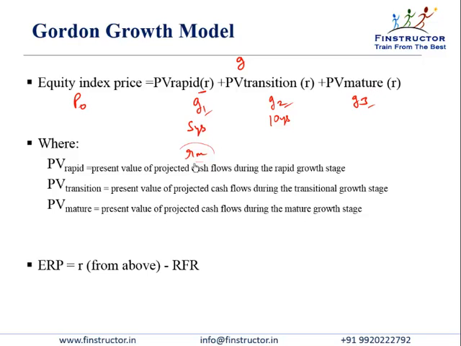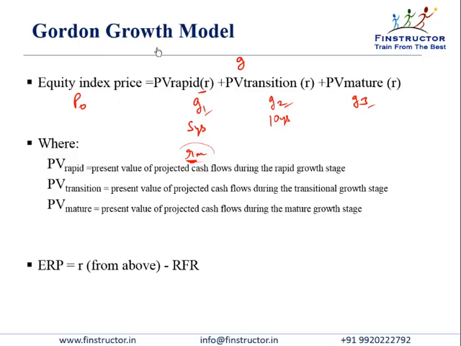There is still only one unknown, that is the required rate of return or the discount rate. So the calculation will not be as simple as it was in the Gordon growth model, but with the help of a computer or a spreadsheet, it can easily be calculated what is the discount rate that makes the present value of the cash flows of the index equal to the current price of the index.